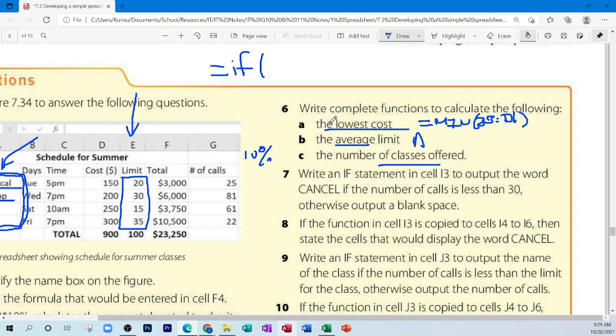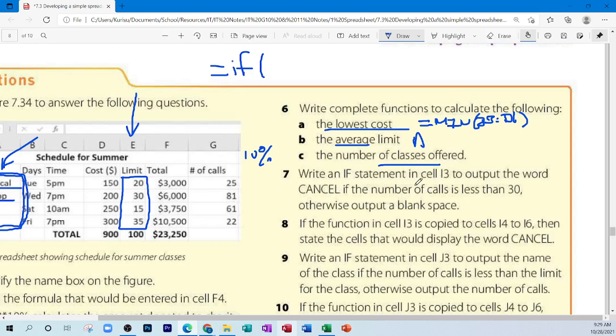Sir, 3 arguments. It has a test, it has a true value, and it has the false value. So the if statement has 3 arguments. So we got to look for those 3 arguments now to put into our function.